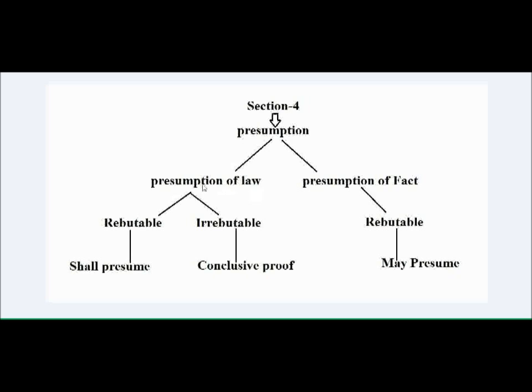Presumption of law can be divided into two types: rebuttable presumption and irrebuttable presumption. A rebuttable presumption means that it can be rebutted, that can be changed. An irrebuttable presumption is one which cannot be changed by the court. Now rebuttable presumption is shall presume and irrebuttable presumption is conclusive proof.